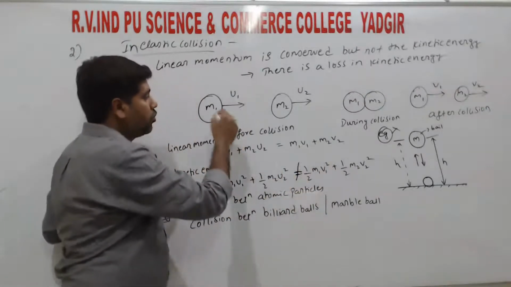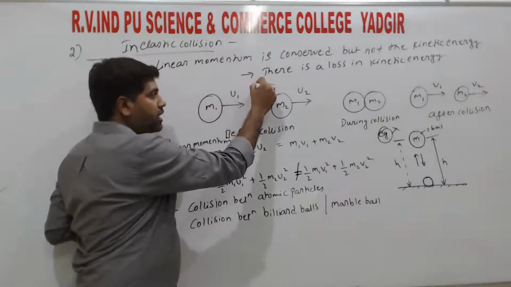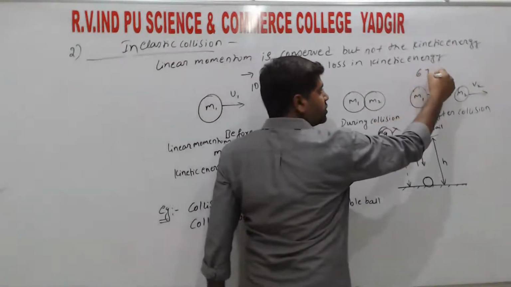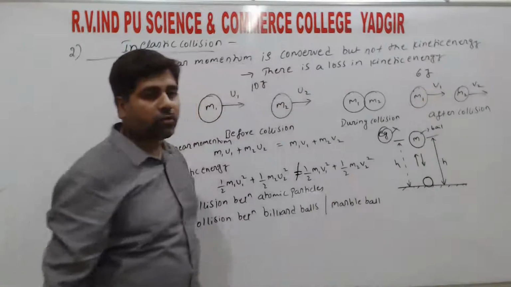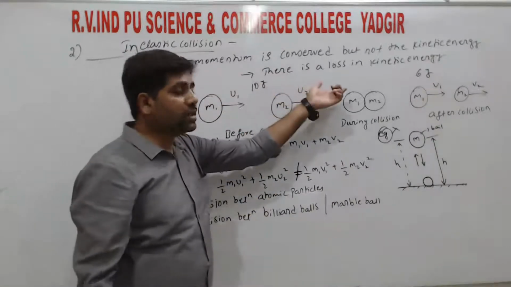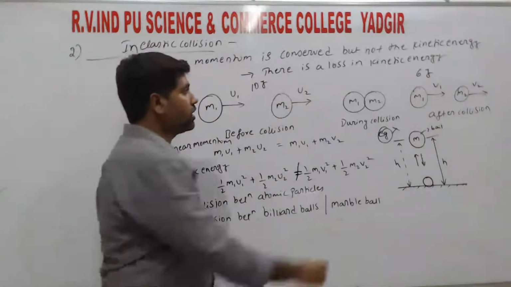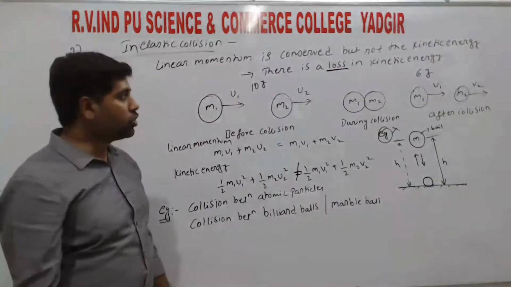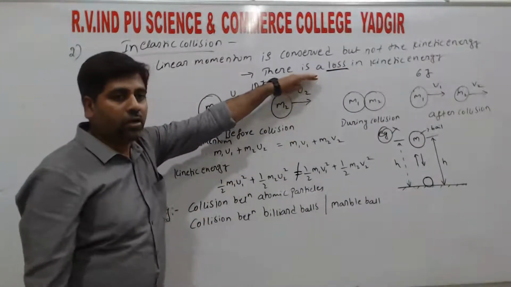That means before collision we have some kinetic energy, 10 joules. After collision we get some 6 joules, right? So 10 is not equal to 6. 10 minus 6, we get some difference. That difference we call the loss, right? So 4 joules of energy has been lost.